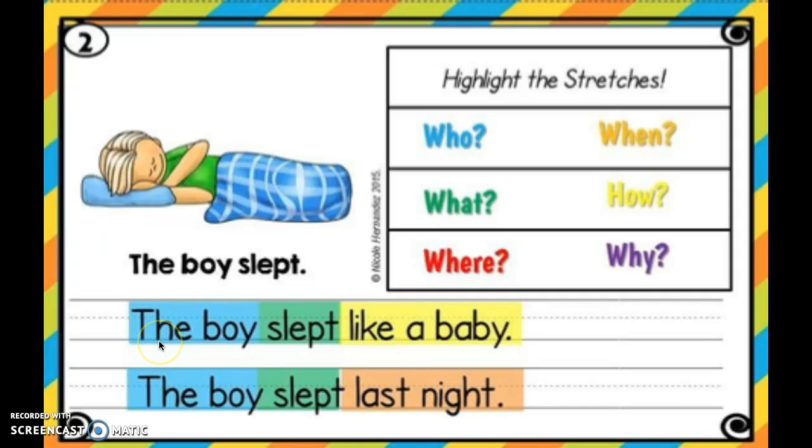Let's look at what one student wrote to stretch out that sentence. This student said, the boy slept like a baby. They told us how he slept. If he slept like a baby, that means he slept very well.